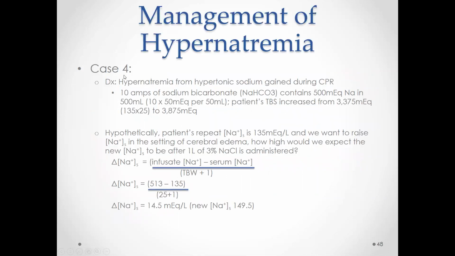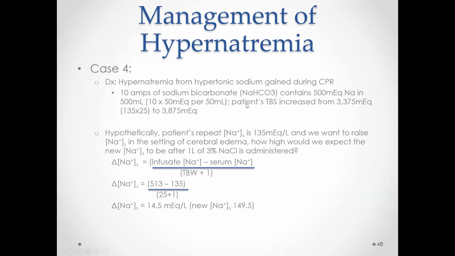And case 4, looking at the diagnosis here, looks like hypernatremia from hypertonic solution, sodium gain during CPR. 10 amps of sodium bicarb, each amp contains about 50 milliequivalents of sodium and bicarb. And if you get 10 of that, it's about 500 milliequivalents.